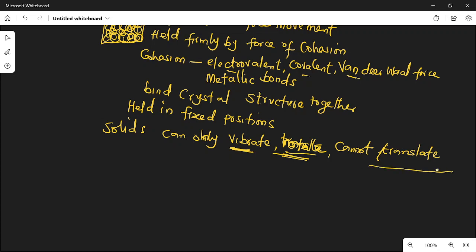Translating here means they cannot move from one place to another, because of the bond binding them together.